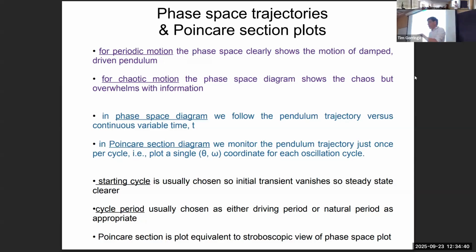It literally tracks the path, the trajectory of the pendulum in phase space, which is the space of the pendulum angle and the pendulum angular velocity. So phase space trajectories are paths in that theta-omega space.